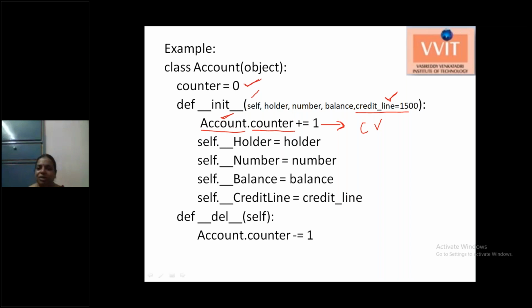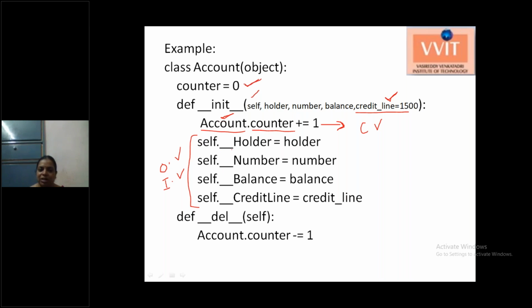The variable which is to be treated as a class variable is accessed with the name of the class. All other variables which are created and accessed with the self parameter are object variables, or we can call them instance variables. These are created for each instance; for each object, it creates one copy of all these variables.